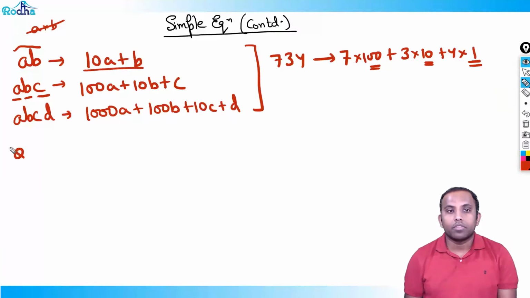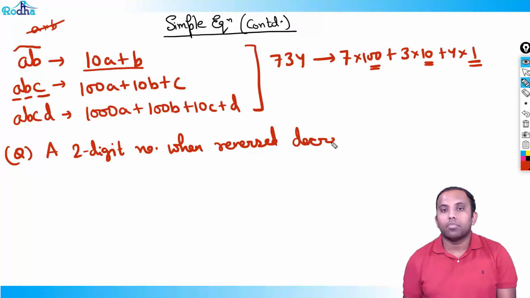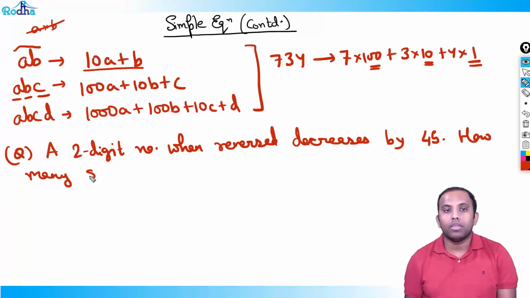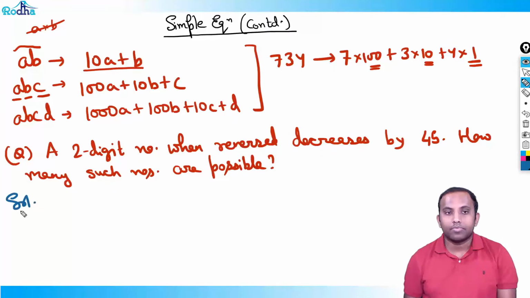The question: a two-digit number when reversed decreases by 45. How many such numbers are possible? Let the two-digit number be AB.